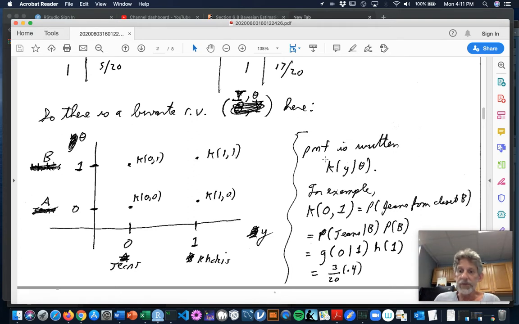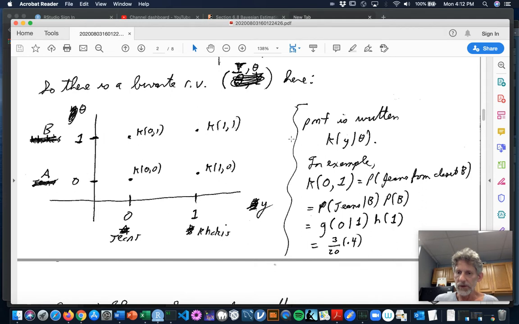And so I could find each of those 4 values by using some conditional probabilities, some conditional PMFs, and the multiplication rule. So like K of 0, 1. That's the chance that Y is 0, that you pick jeans, and that theta is 1, that you pick from closet B. So what's the chance that you pick jeans from closet B?